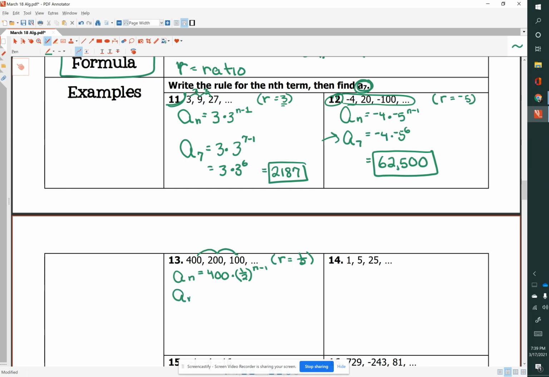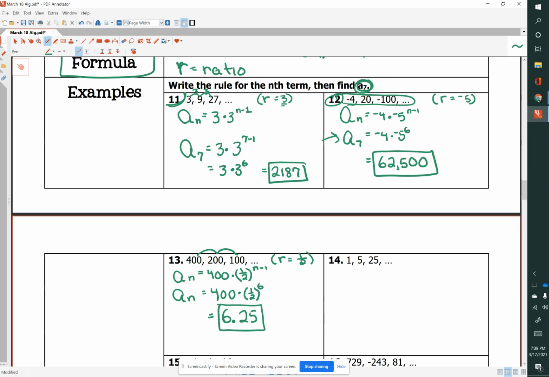The specific formula is a sub 7 equals 400 times 1/2 raised to the 6th power. And when we evaluate that, we have 6.25, because remember, folks, they're getting smaller and smaller. Were you able to do that yourself?